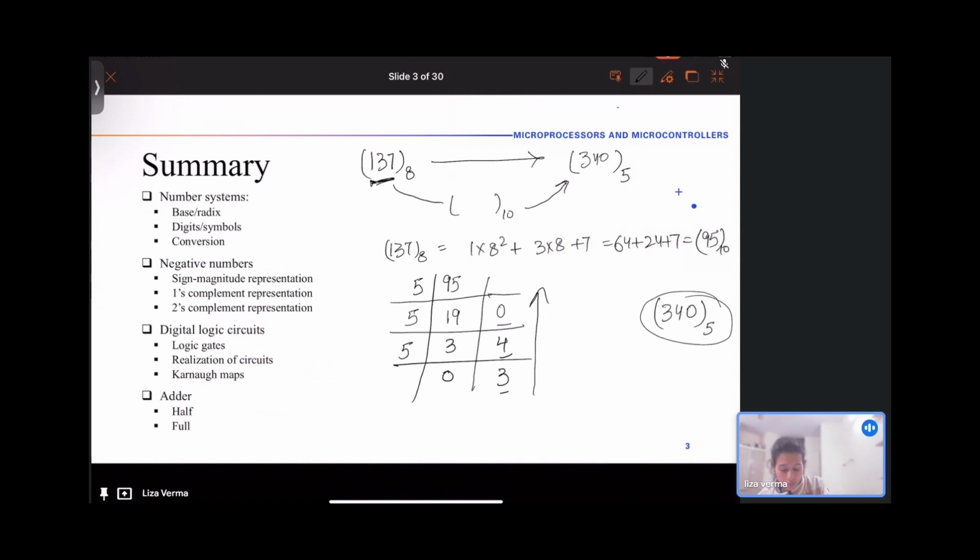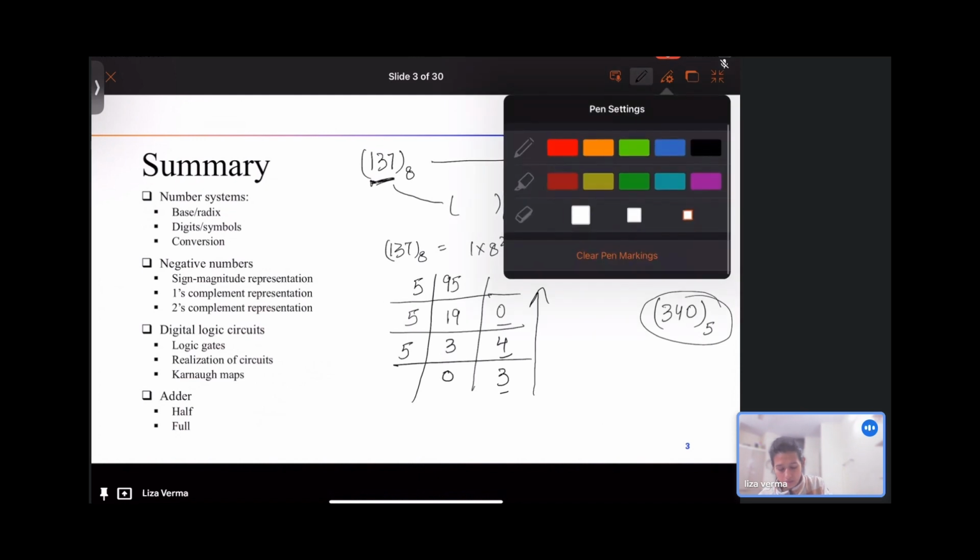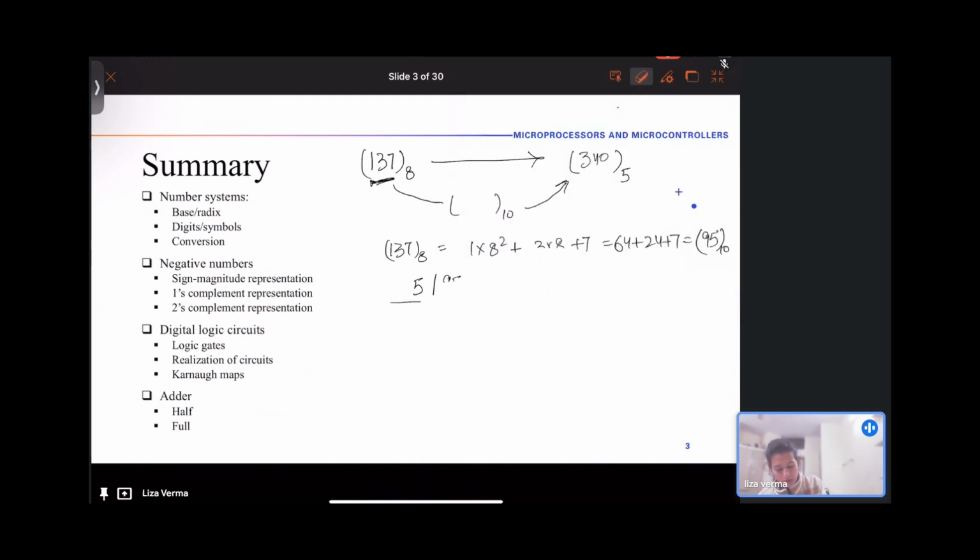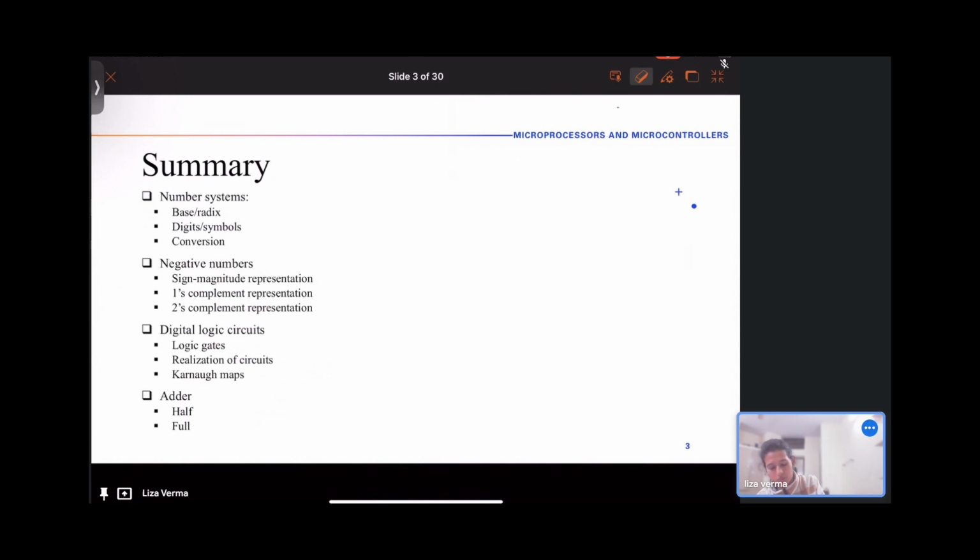Now one important rule of conversion between number systems with bases that are powers of 2, like if you want to convert from base 2 to the power 3 to base 2 to the power 2, we follow a general procedure.